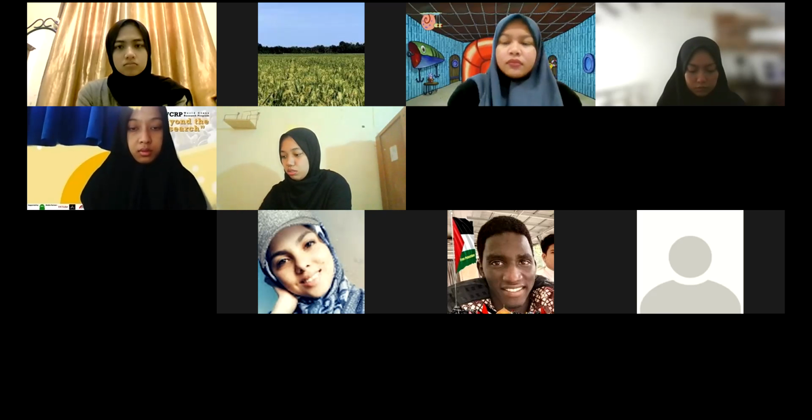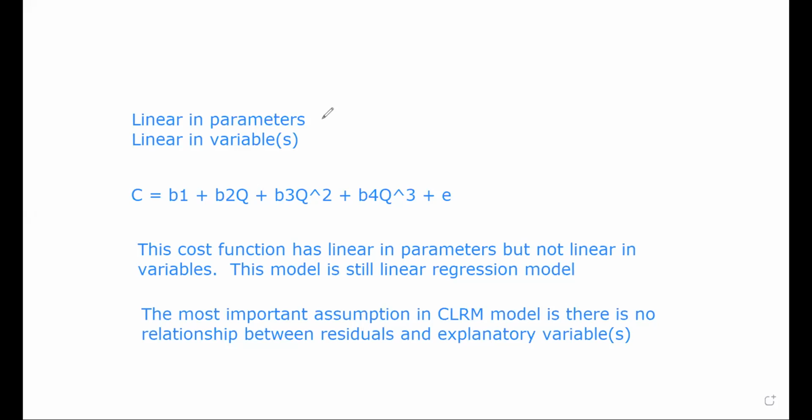Here I want to write down this cost function. Beta 1 has power only 1. Beta 2 same. Beta 3 same. Beta 4 same. But Q is to the power 1, another Q to the power 2, another Q to the power 3.